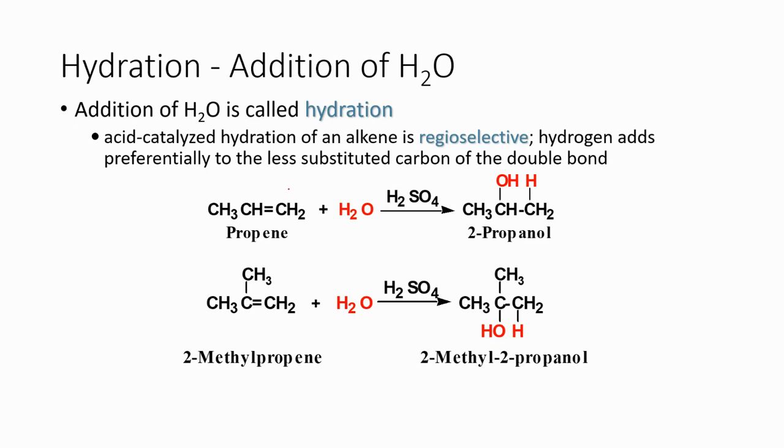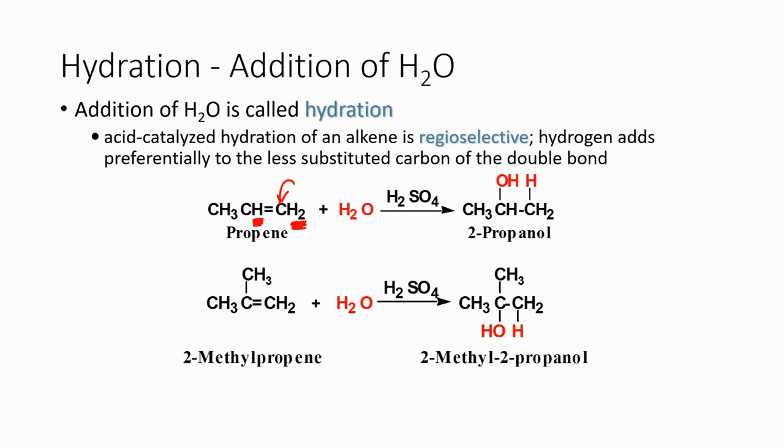So for example here, hydrogen would add to this carbon since it has two hydrogens compared to the other side of the double bond where the carbon only has one hydrogen. So we'll add the H to the side of the double bond that has more H's, and then the OH of water will add to the central carbon.